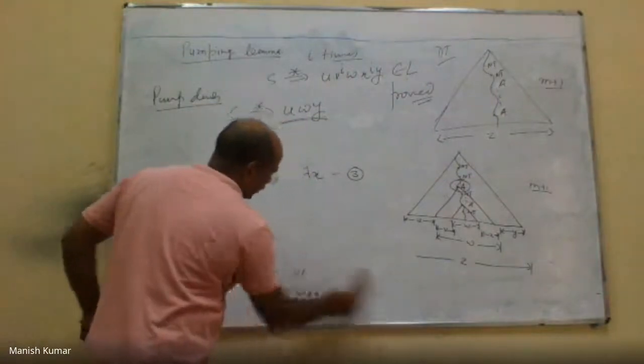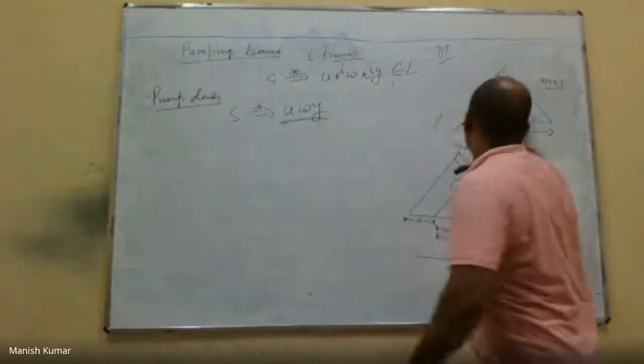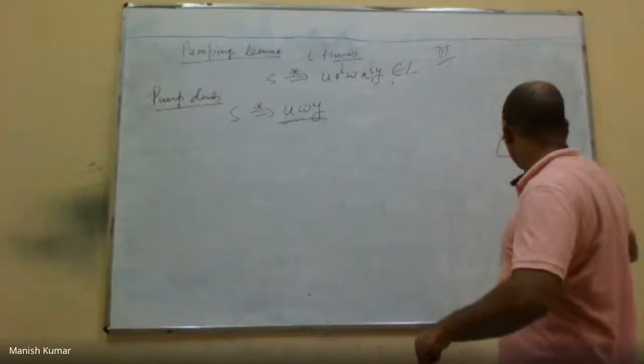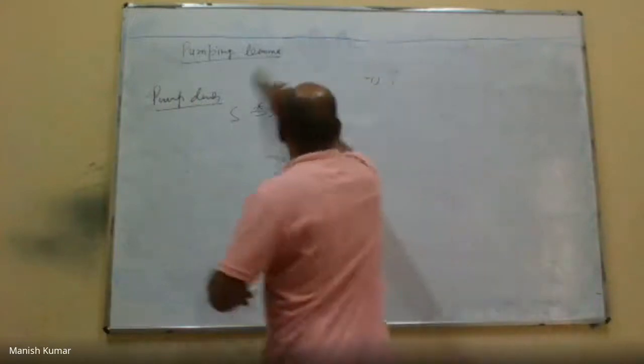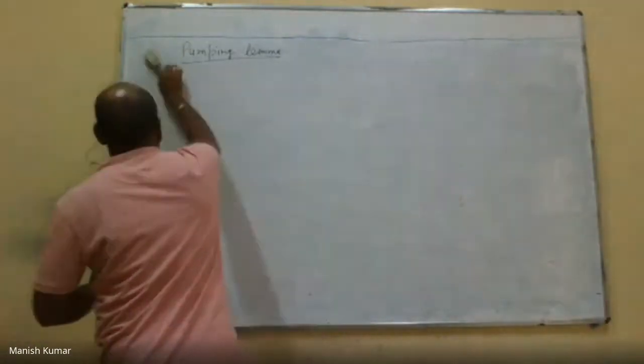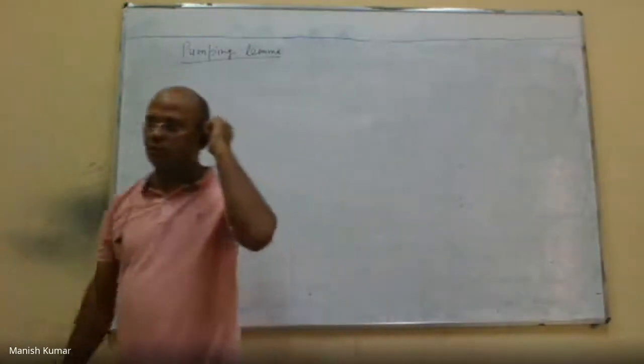So this is what the pumping lemma states, and hopefully it's very clear how it can be established as well. We have proved it right now. Now, certainly there are various ways of proving whether a particular language is within CFL or not.